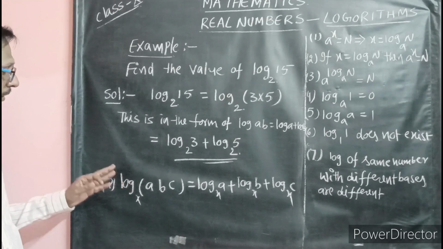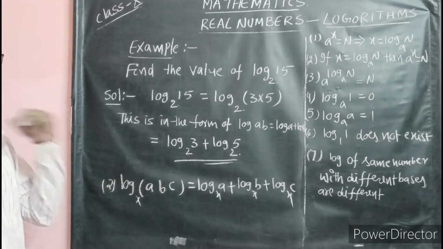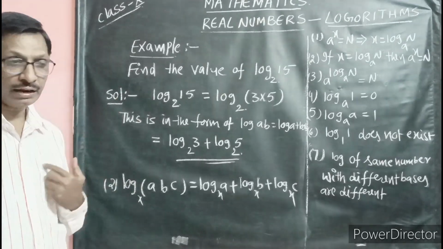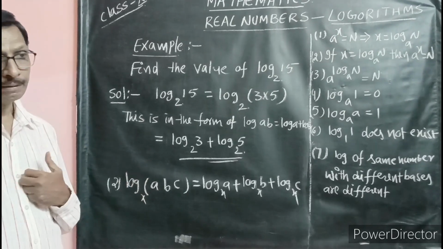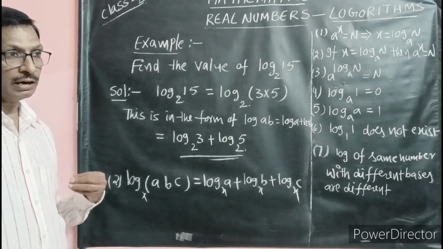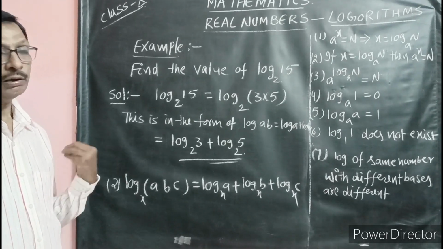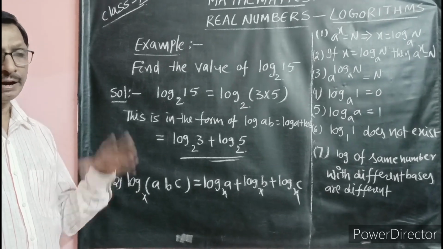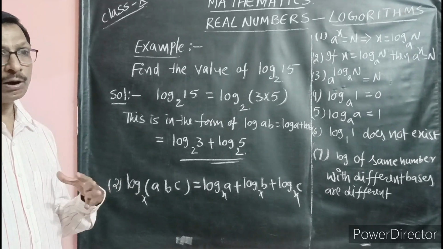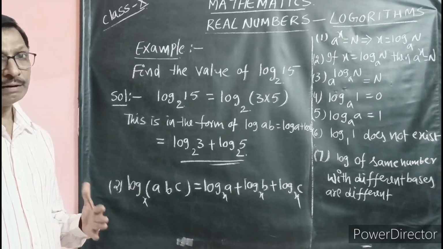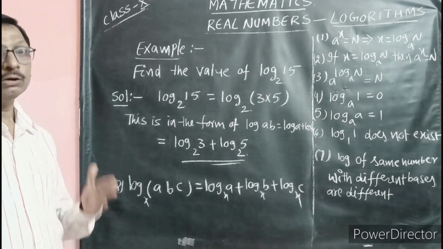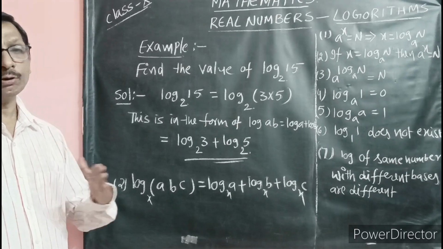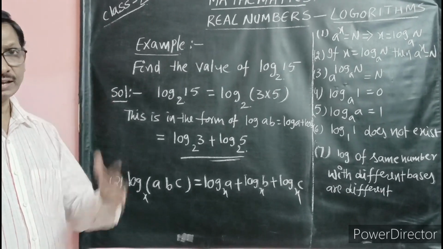So log abcd is log a plus log b plus log c plus log d for any non-zero base. Similarly, log x1, x2, x3 and so on up to xn can be written as log x1 plus log x2 plus log x3 plus log x4 and so on plus log xn.